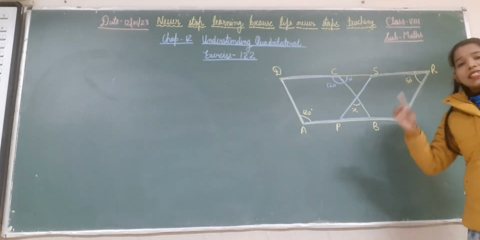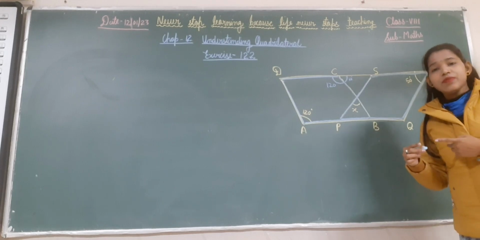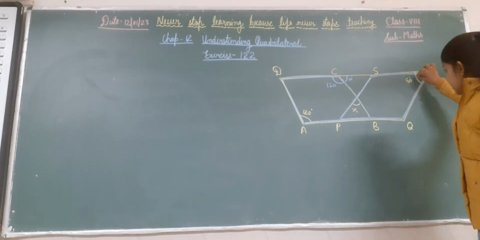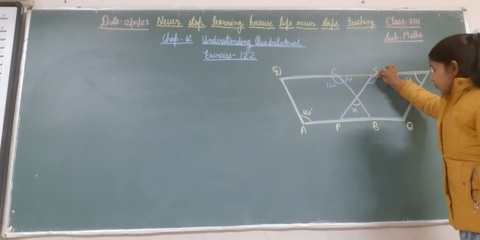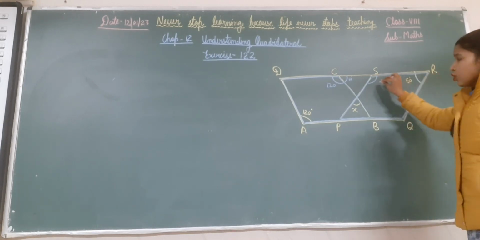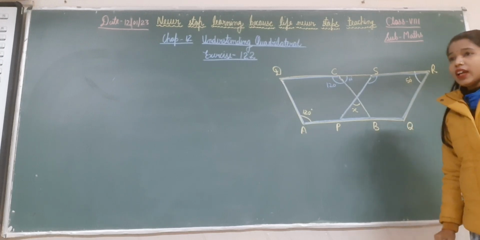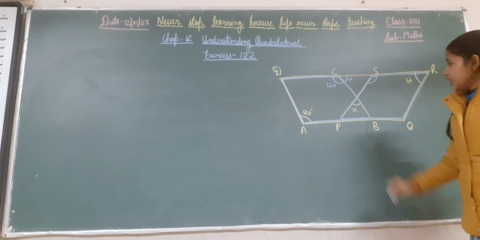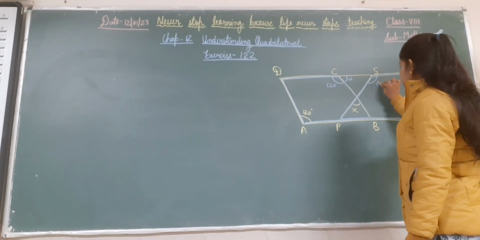Everybody knows that, right? Means if this angle is 50, then 180 minus 50 will be the angle of S, so the rest will be 130 degree.